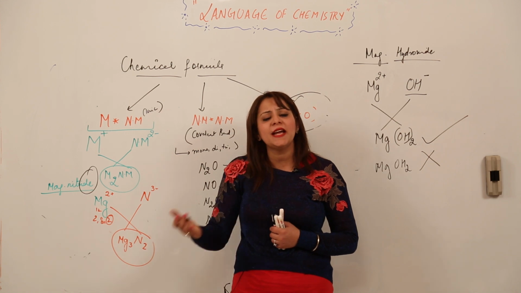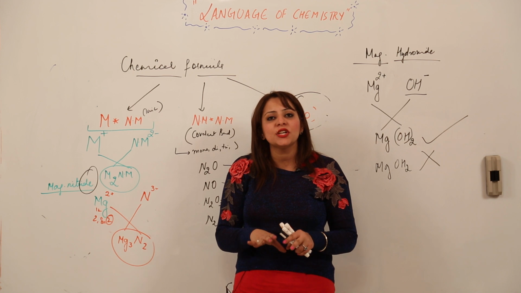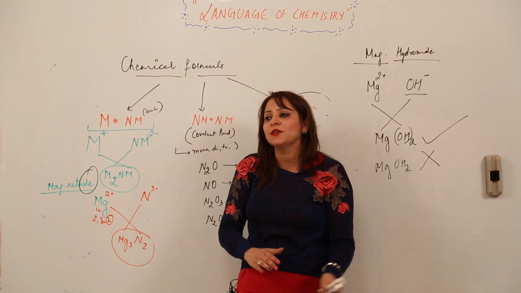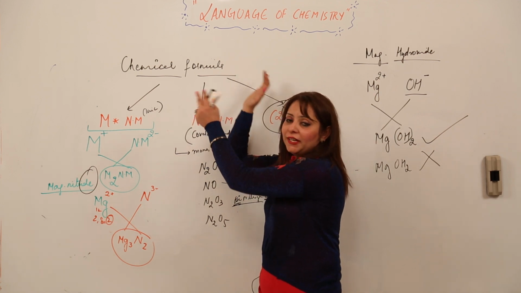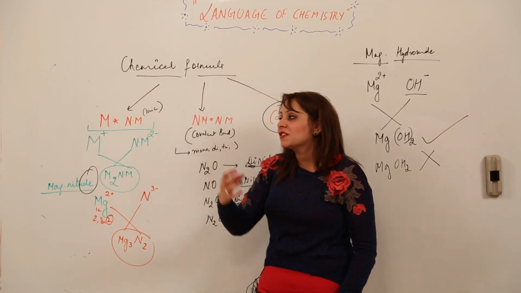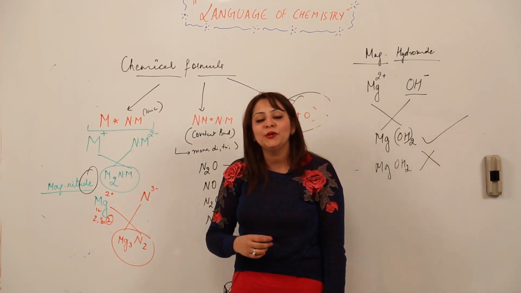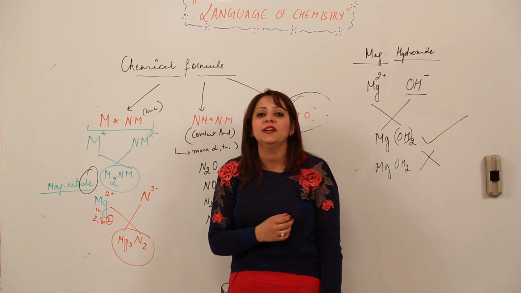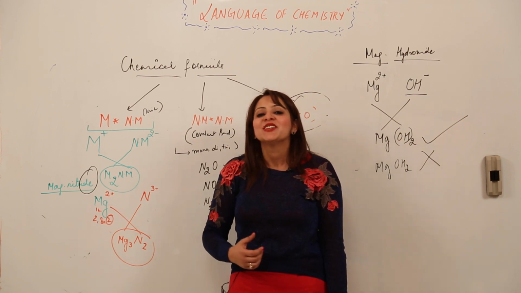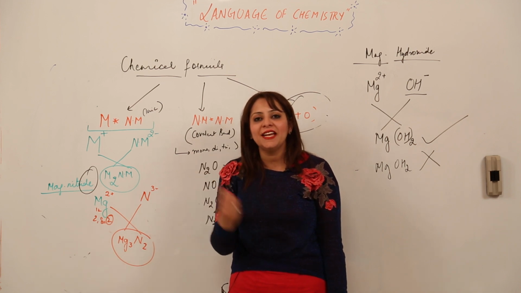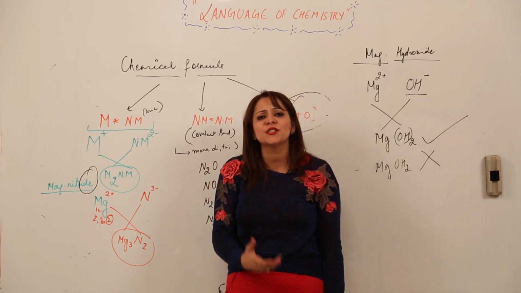Just make a tabular chart, a valency chart, place it on thermocol, and wherever you sleep, just pin it on the wall, and whenever you get up, make a habit to read it, and I'm sure that within a week you will be familiar, you will be better in the valencies if you compare yourself with me, right. So just do it, you can do it, and the valency is not a big deal.